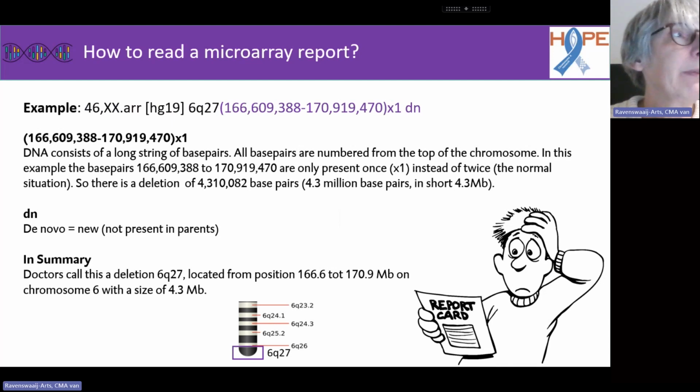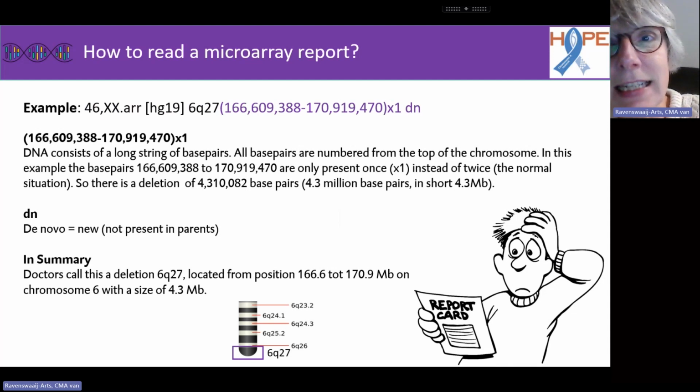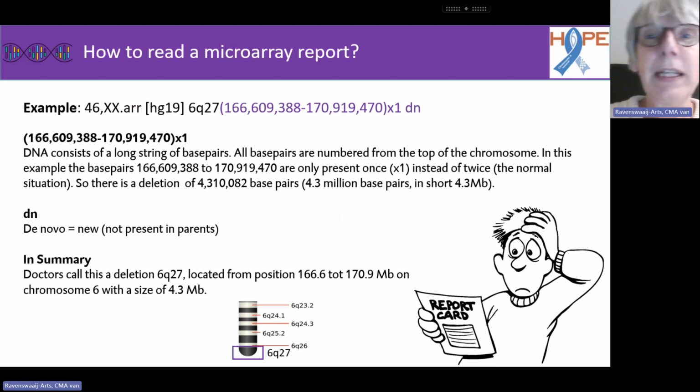And in this example, the base pairs 166,609,388 until base pair 170,919,470 are only present once, ×1, in the string, instead of twice, the normal situation. So there is a loss of genetic material, a loss of chromosomal material, a deletion of 4,310,082 base pairs. In short, 4.3 million base pairs, 4.3 Mb.